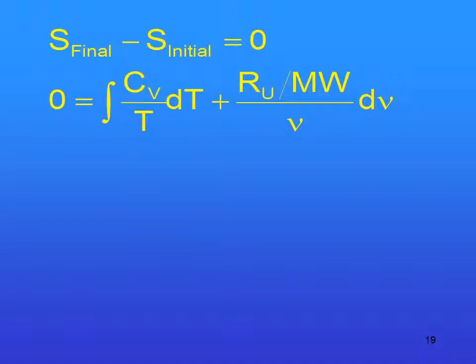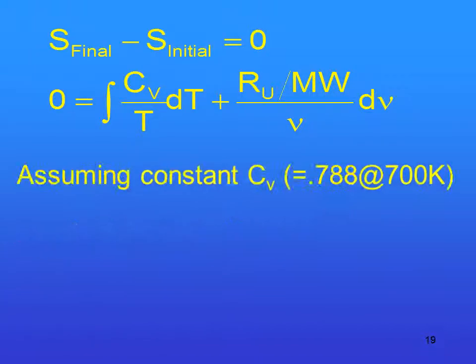So, plugging that in, we developed this earlier, and assuming a constant CV of 0.788. Now, you see CV is less than CP, remember. CV is equal to CP minus R over molecular weight. Comes out to 0.788.